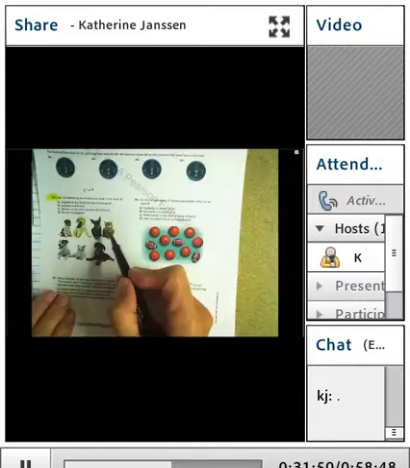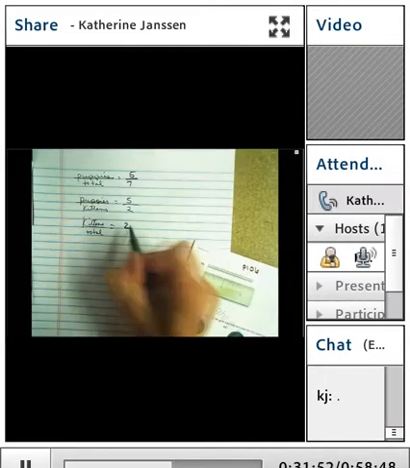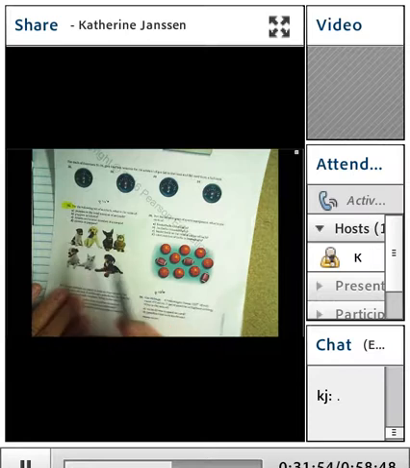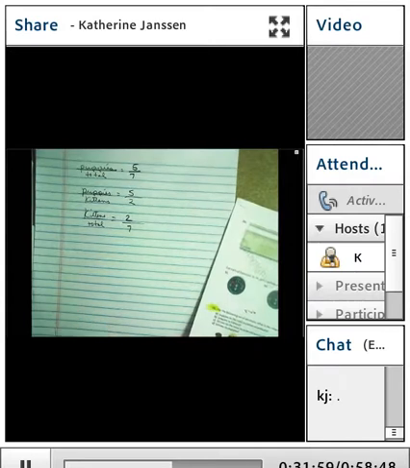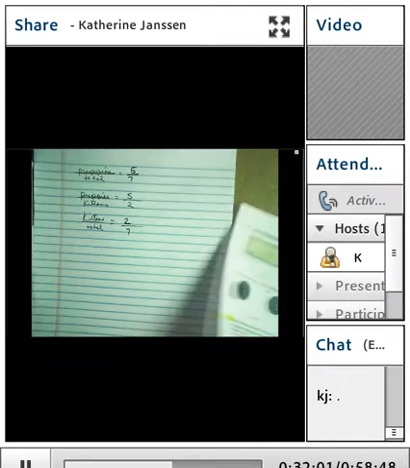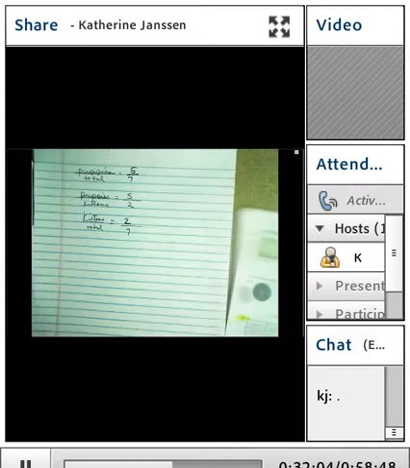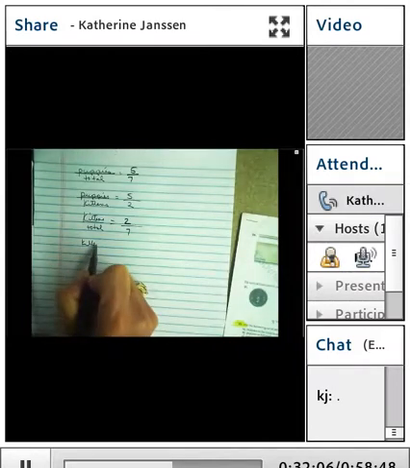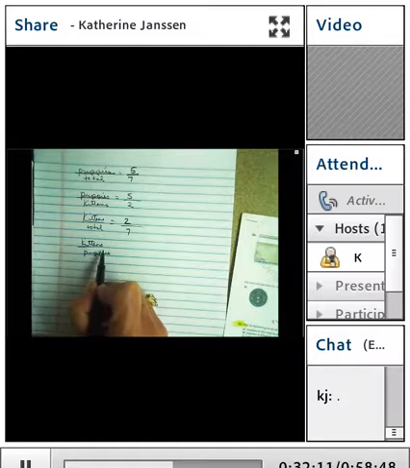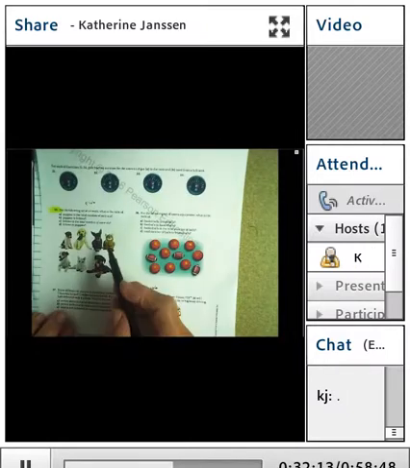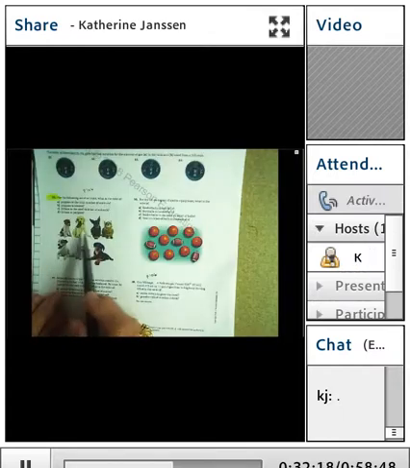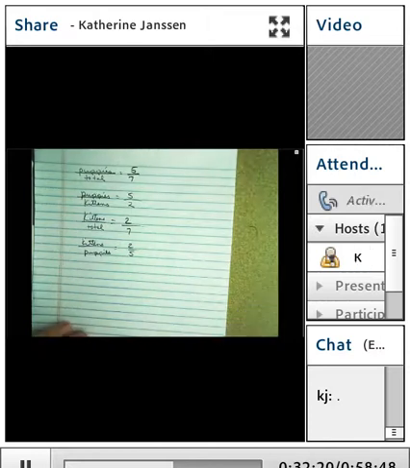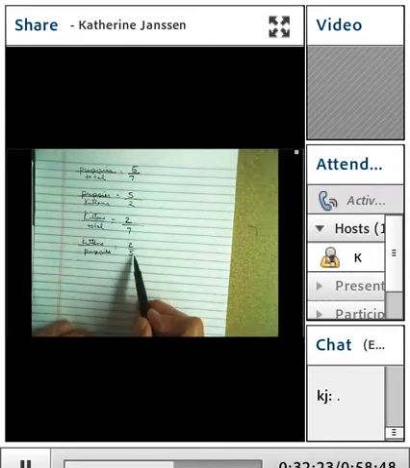Well, the kittens, once again, is 1, 2. And my total, 1, 2, 3, 4, 5, 6, 7. So the ratio of kittens to total is 2 to 7. And finally, kittens to puppies. Find the ratio of kittens to puppies. Kittens to puppies, 1, 2, 3, 4, 5. So the ratio of kittens to puppies is 2 to 5.